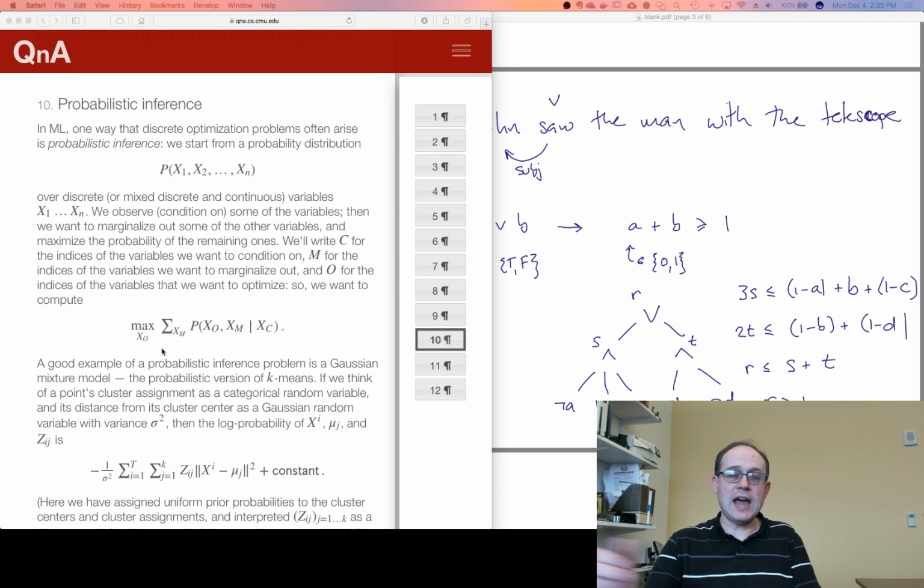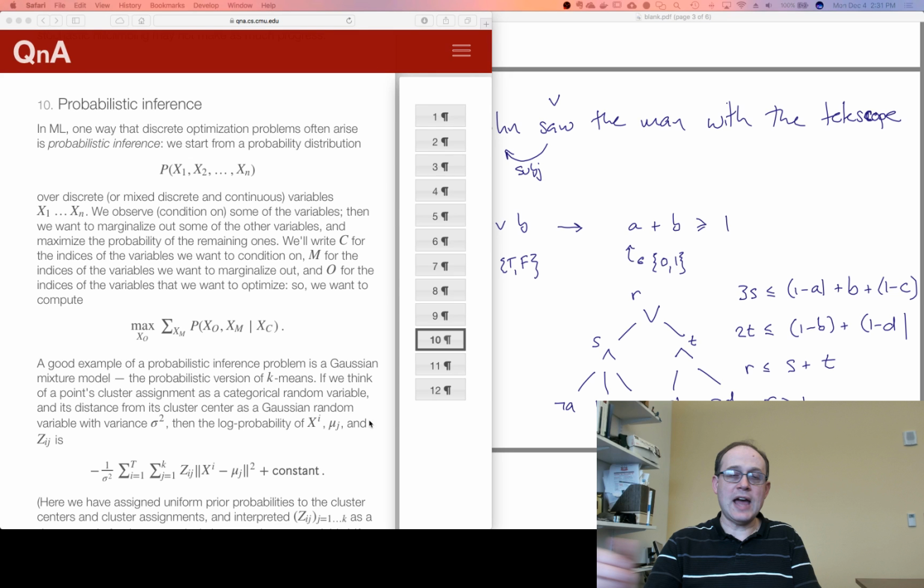Find the cluster centers that make the data as likely as possible. And so you could write that as a problem of this form here, where the thing you condition on is your data, the stuff you marginalize out is the cluster assignments and the error, and the thing you optimize over is the cluster center locations.